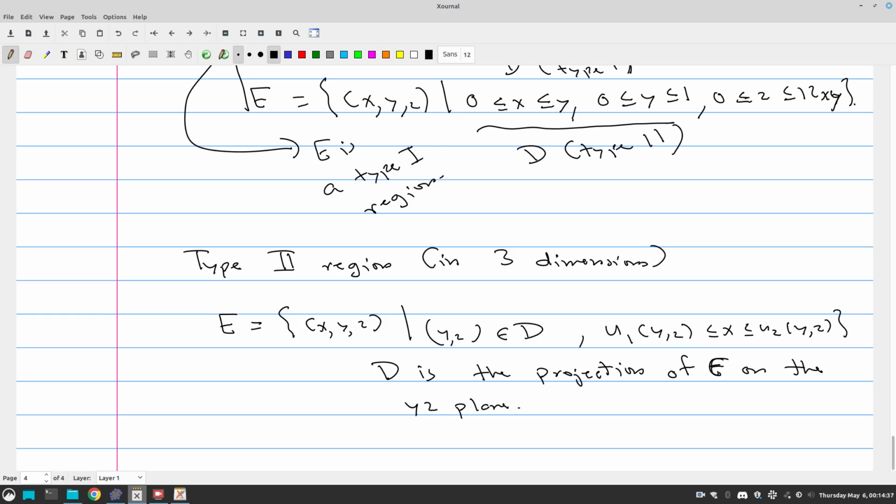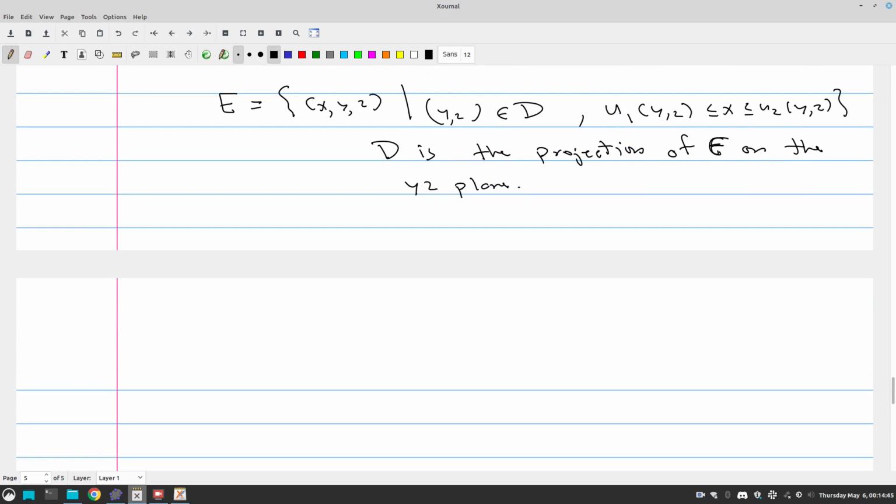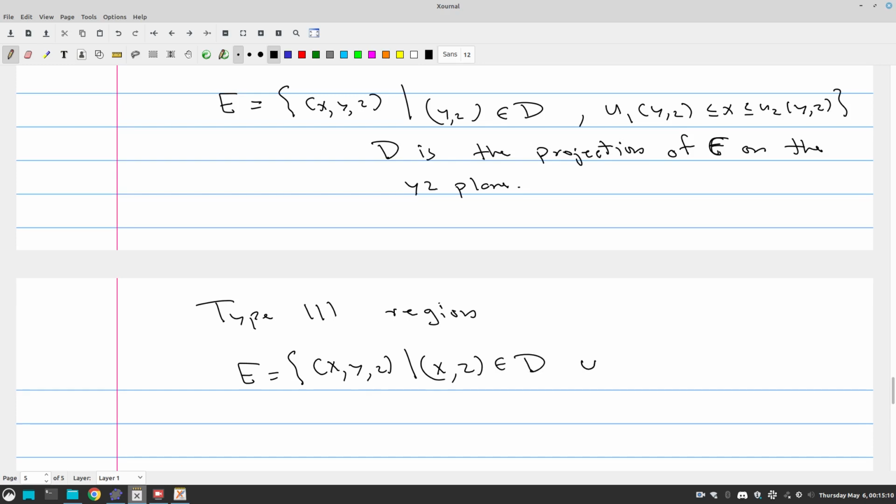And let's look at a type 3 region. E is given by x, y, z such that x, z is in D, and y is between two functions of x and z.